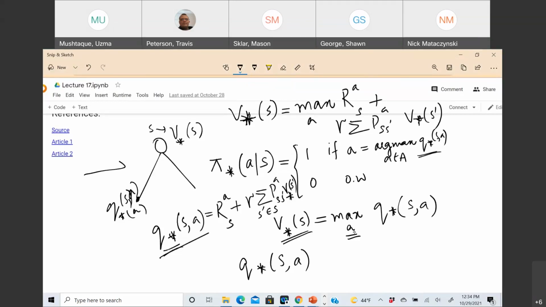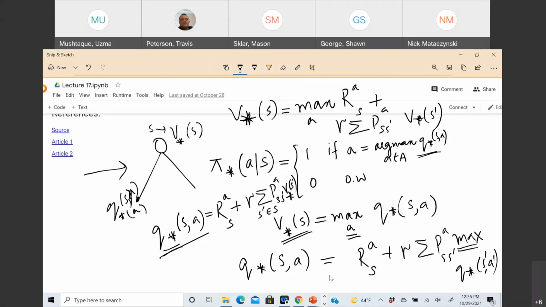So this is coming from our diagram, right? Q star equals the immediate reward times the discounted transition probabilities for action A, and the max of my Q star S prime, A prime. Remember, it wasn't the max earlier, it was the average. We were summing up over all the probabilities there.